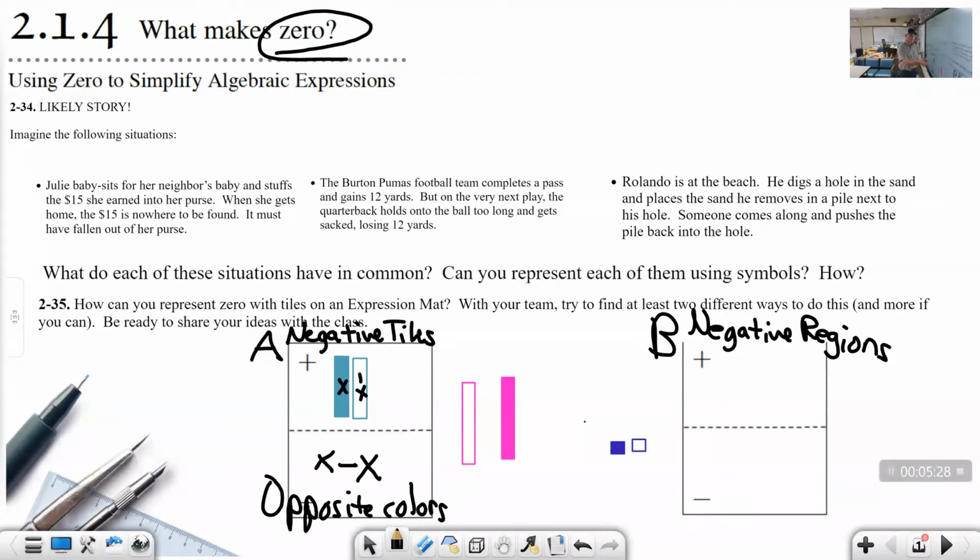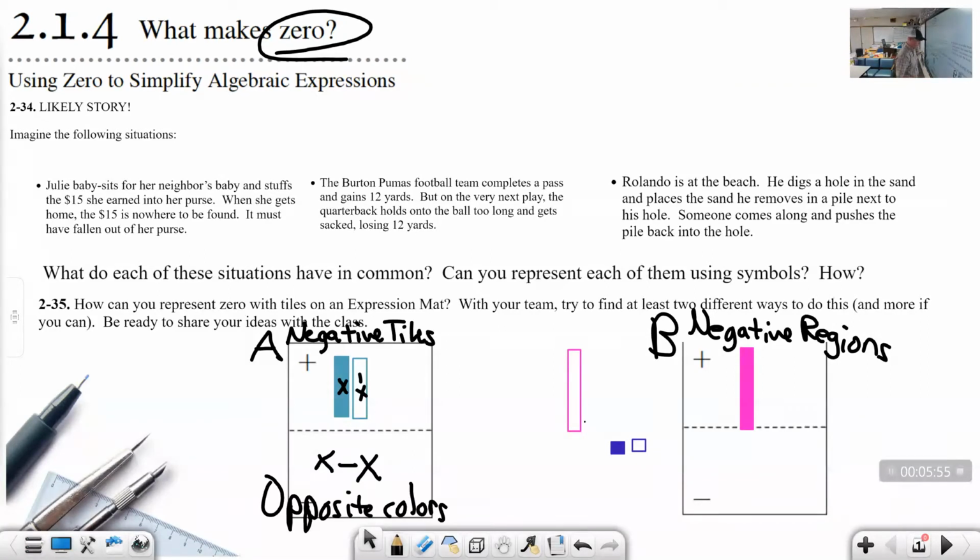Okay, let's do negative regions. Well, if I'm doing negative regions, that means that I need a positive tile. But how do I utilize the negative region? Do I put a negative tile in the negative region? No, because this makes 0, a positive and a negative tile. I can't do a double negative because 2 negatives make a positive.